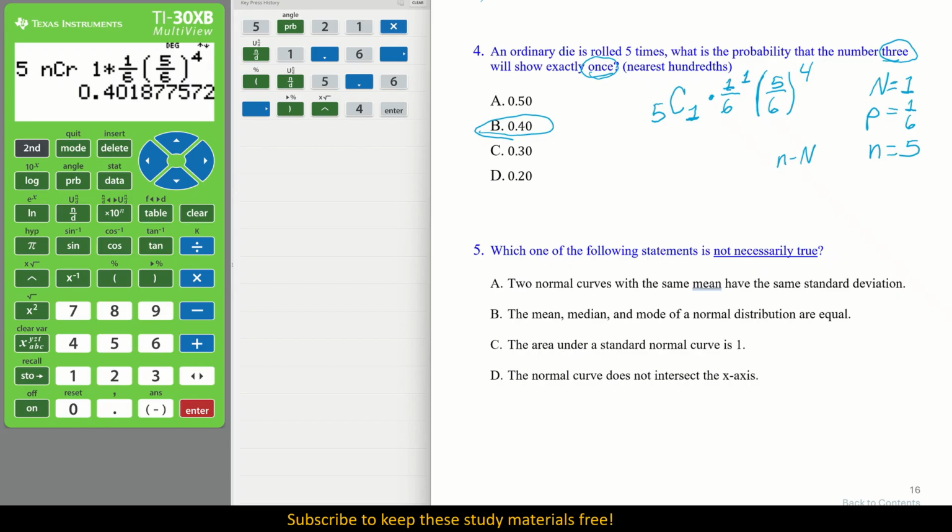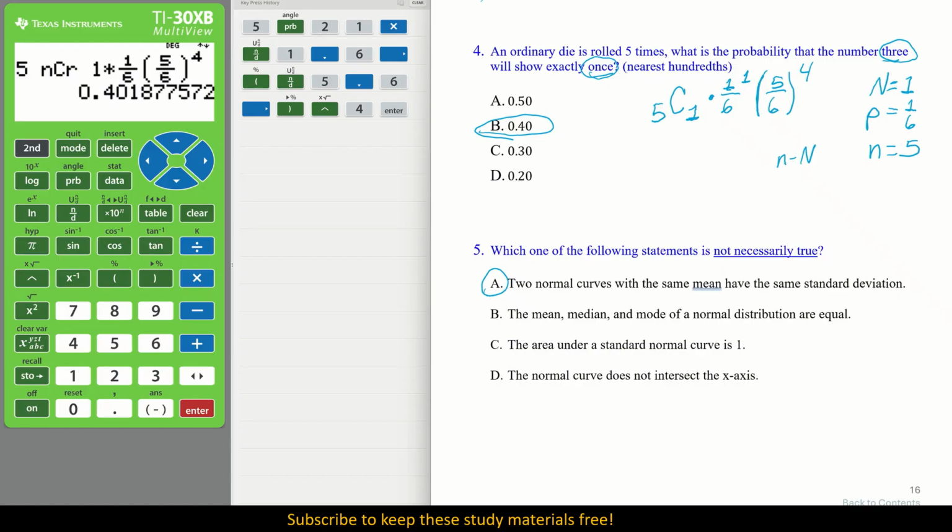In fact, there was a question, maybe at the beginning of the last video, where we saw three normal curves with different standard deviations, and we had to put them in order. So this one is not necessarily true. But let's look at B.